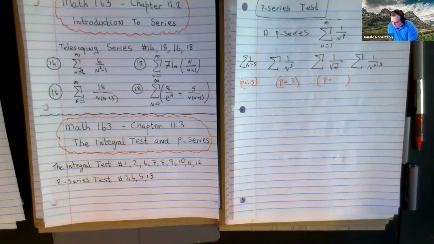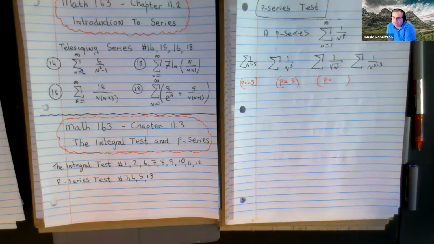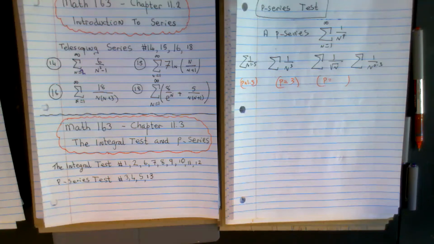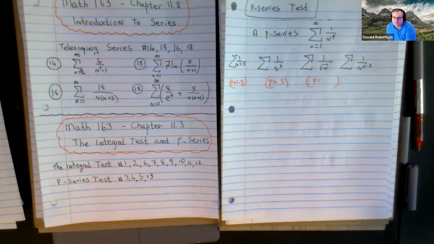One over the square root of n. What number is that the p-series for? Any takers? 1 over the square root of n. What is the last one here? The n is 0.3. Okay, thank you.